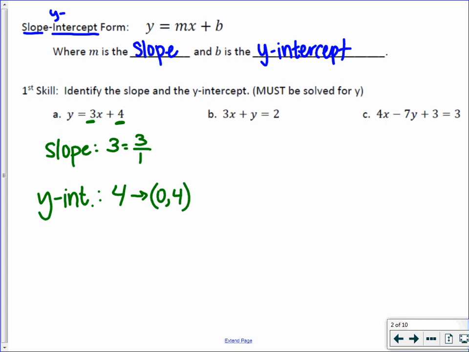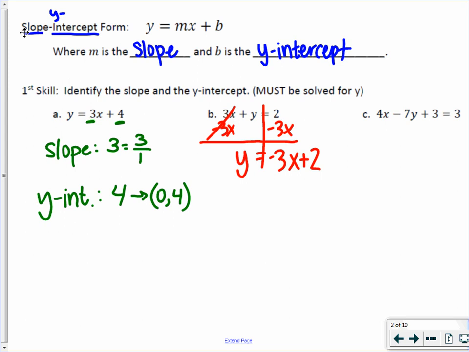All right, so B. B doesn't have y by itself, so we can't identify what the slope and the y-intercept are yet. Our first step is to get y by itself by subtracting our 3x from both sides of the equal sign. That leaves us with y = -3x + 2. Again, this is where we want that x term first so that we can easily identify what the slope is.